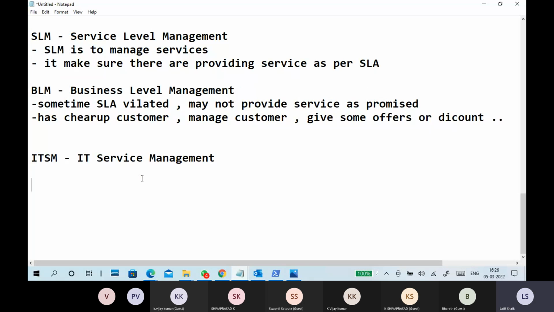ITSM is only talking about service management. Who is the customer? What is the service? Are you delivering the services in a proper way or not? That is the main aim of service management.